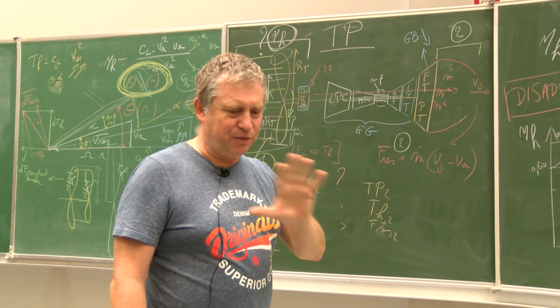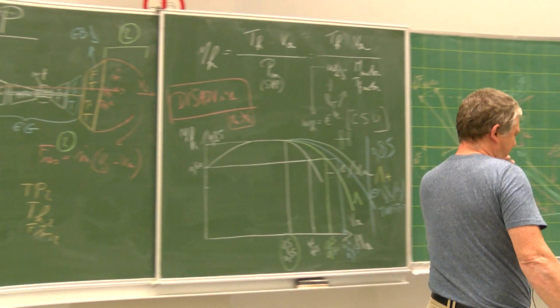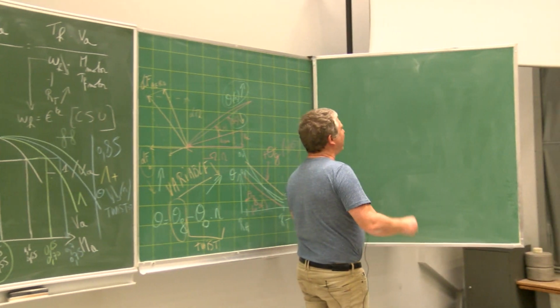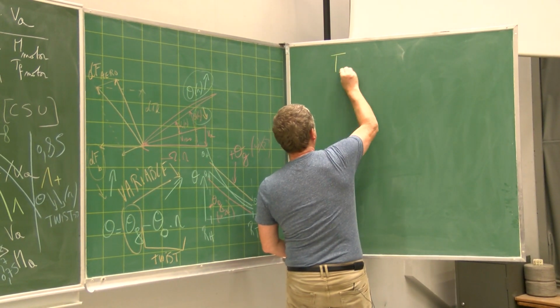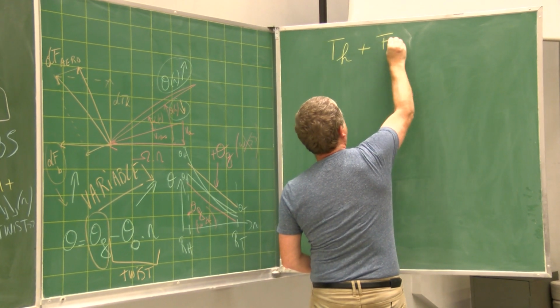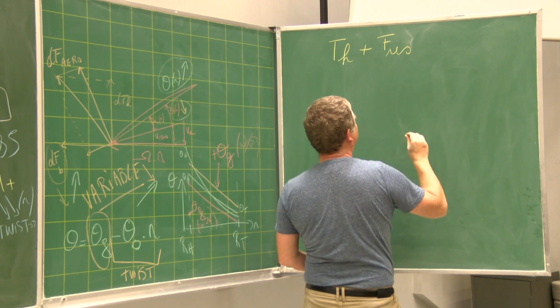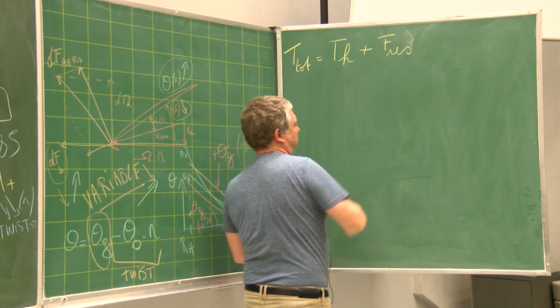In fact, it will be very easily solved. The problem is rather easily solved, because if you speak in force, you have TH added with the resulting force, and this makes a total force.